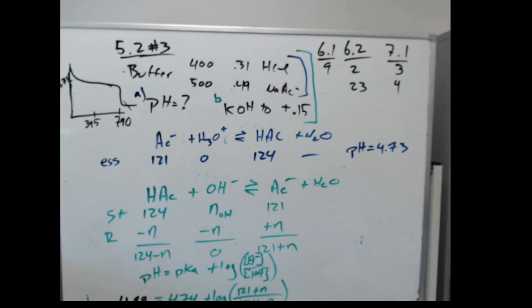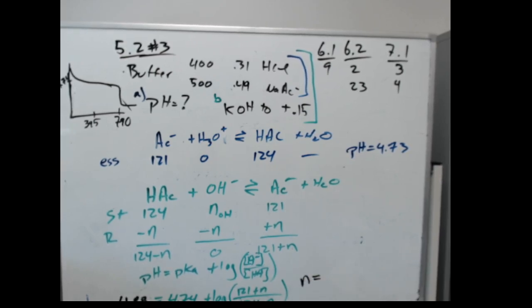Solve for my moles of n. Does it ask for how many moles of potassium hydroxide or grams? Grams. So after we get the moles, we'll have to multiply by molecular weight to get grams, an extra step in there. So keep in mind we're solving for moles, not grams, but we can solve for our n.